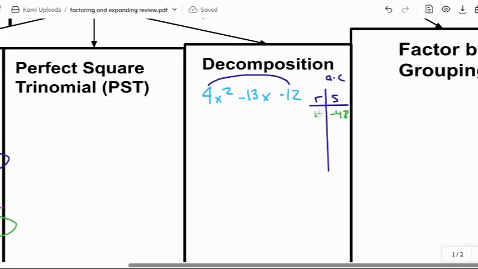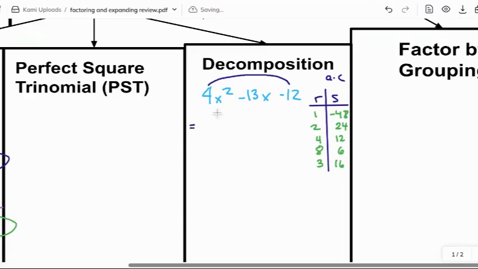Let's see what will give us negative 13. So I could go 24 and 2, 12 and 4, 6 and 8. 48 is also 16 times 3. Well, that one will help, right? 16 and 3.